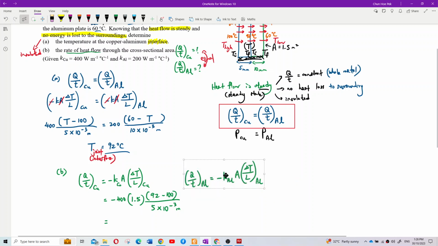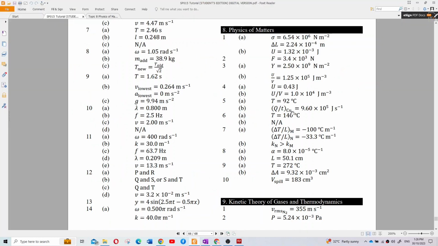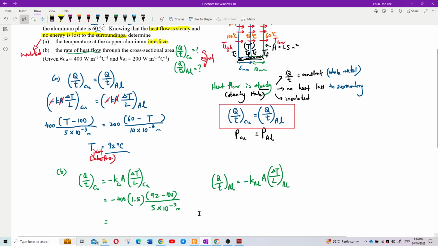Let me check the final answer for you. The final answer is 9.6 exponent 5. I get a positive value. This one is negative, and here also a negative value. Negative, negative, positive. So what is the unit?